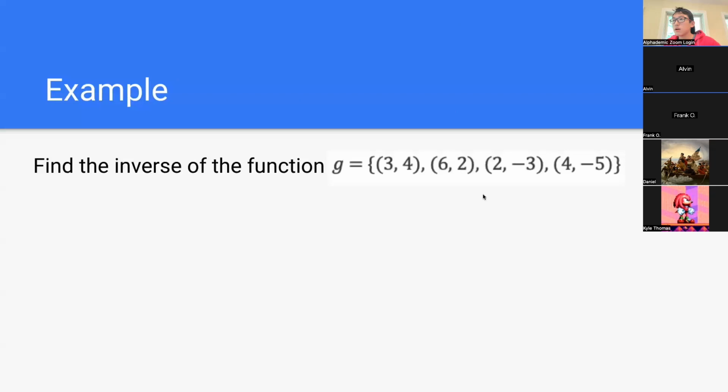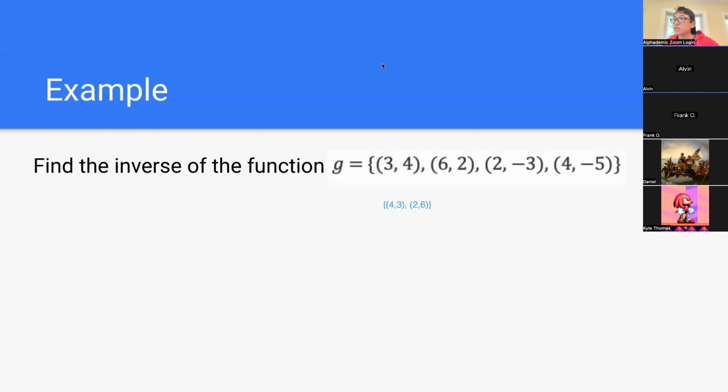All right. So I'll do the first 2 points, and then you guys can do the last 2. So find the inverse of the function g. For the first point we see, we have 3, 4, right? Taking what we learned about inverse functions, inverse g, one of the points you would get is 4, 3, and 2, 6, right?